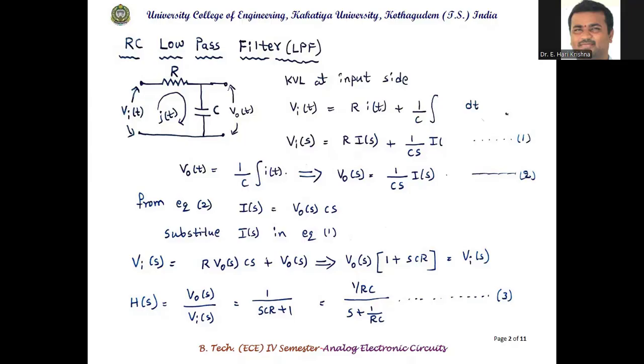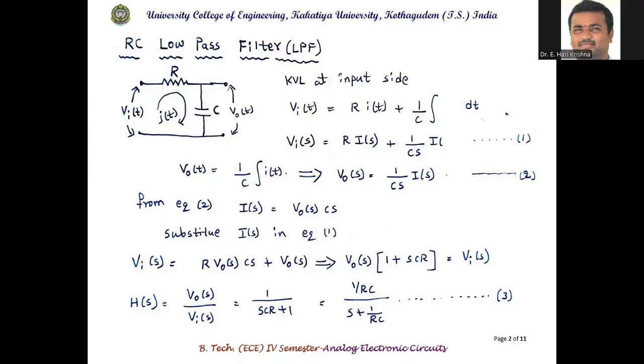Generally, the transfer function of the system is called the transform of output divided by transform of input. Here, Laplace transform of output divided by Laplace transform of input. So, H of s is equal to V naught of s divided by Vi of s is equal to 1 by sCR plus 1. Rearranging this equation, giving 1 by RC divided by s plus 1 by RC.